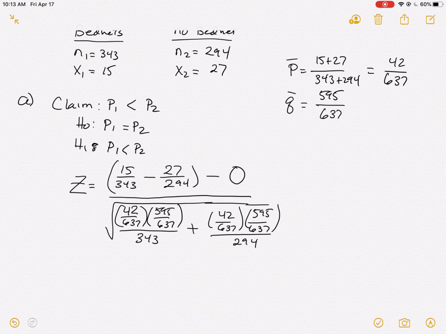Now I'm going to hit divide by, and then get your square root, and then don't do anything other than just type in what you see: 42 divided by 637 times 595 divided by 637 divided by 343 plus 42 divided by 637 times 595 divided by 637 divided by 294. And we hit equals.